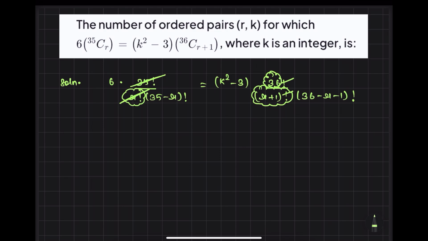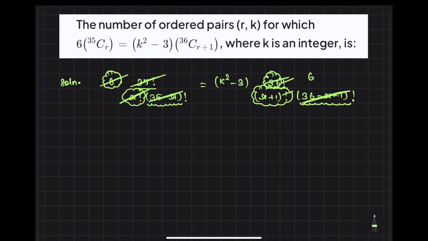Now look at this part. This is (35 minus r) factorial and this is also (35 minus r) factorial, so this also cancels. Here we are left with 6 and there we are left with 36, so we can cancel this as well.